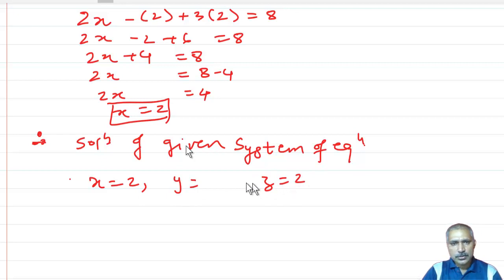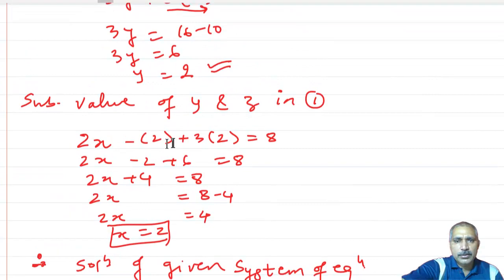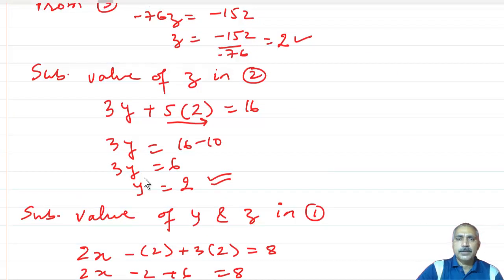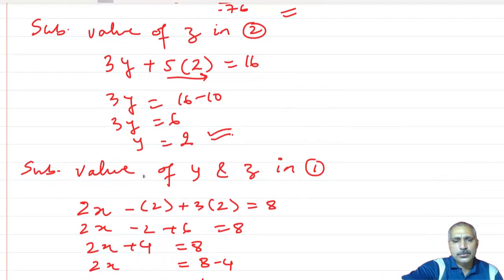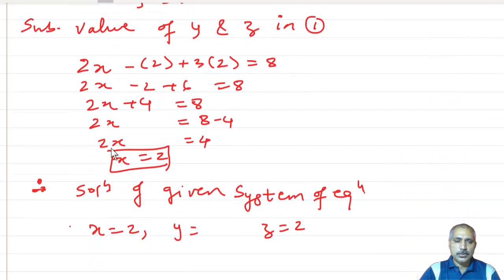See here, we got z, that is 2, we got y, that is 2, and x is also 2. So x is 2, y is 2, and z is also 2. This is our answer.